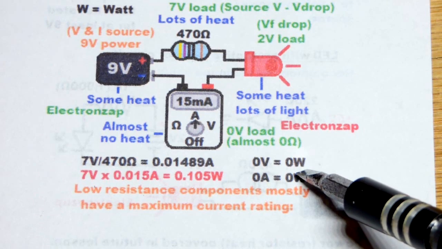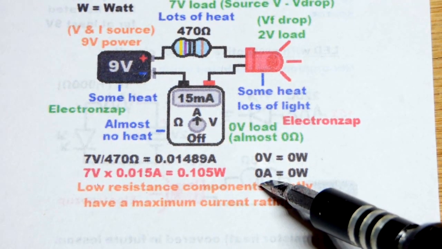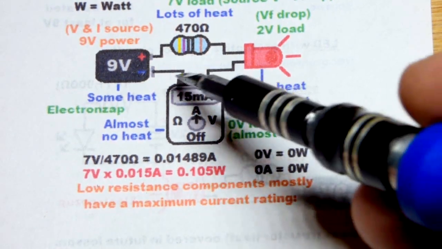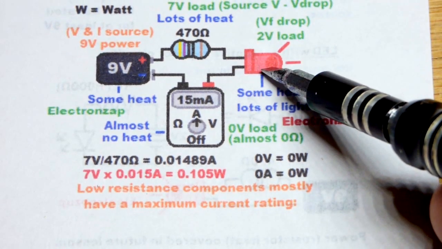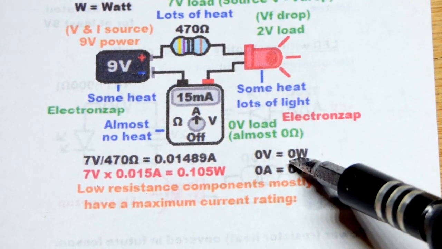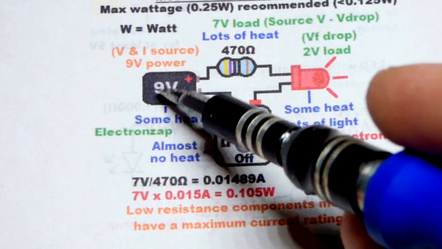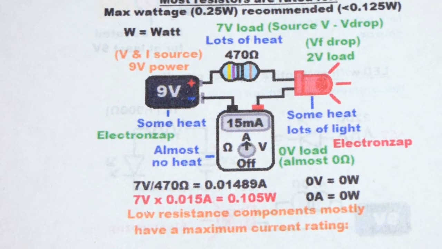There's no wattage. And same thing, if for some reason there's no current flowing through the component, if we remove the meter without making a connection there, no current's going through the resistor, no current's going through the LED, and so there is no power at that point. It's just potential energy, just voltage sitting there waiting to do something for the battery.